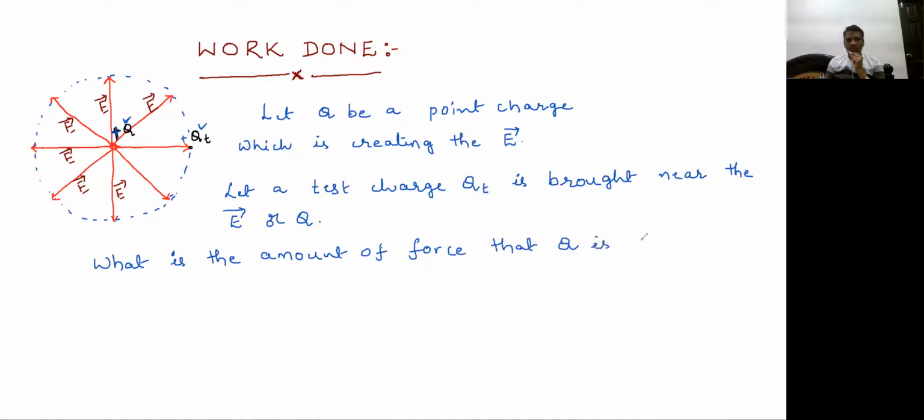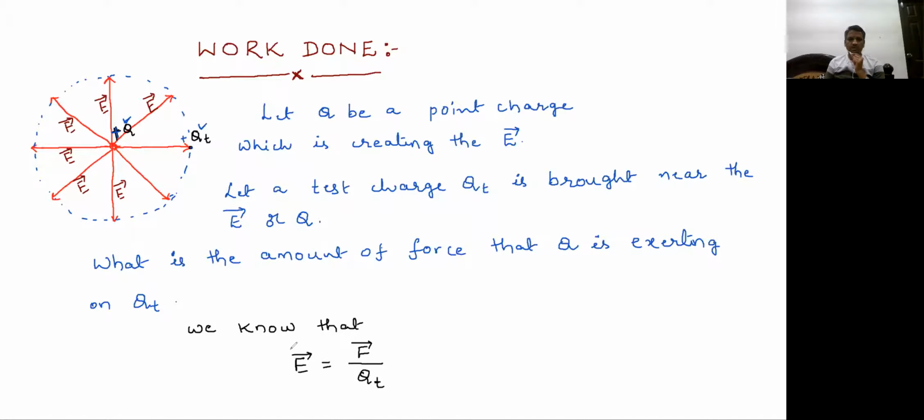When you use the same kind of diagram for finding out the electric field intensity, we have got the expression for electric field intensity as we know that the electric field intensity E vector is equal to the force applied or exerted on a unit test charge. Here QT we have taken as 1 coulomb of test charge. That is, the force exerted on a 1 coulomb test charge is defined as the electric field intensity.